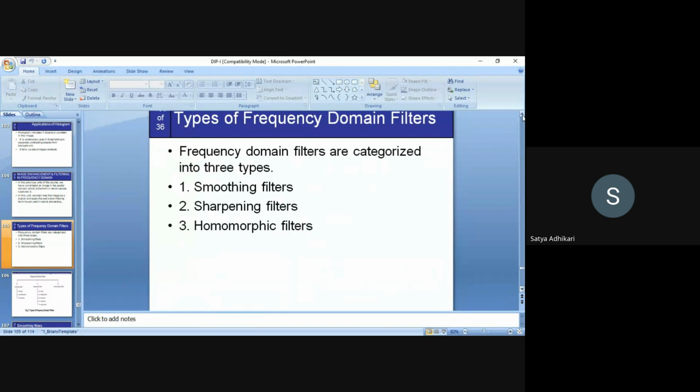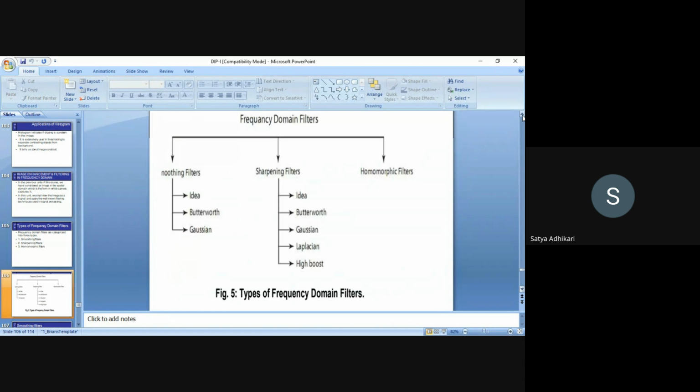Here, the frequency domain filters are categorized into three types: smoothing filters, sharpening filters, and homomorphic filters. This is a block diagram of frequency domain filters. Smoothing filters are divided into ideal, Butterworth, and Gaussian filters.